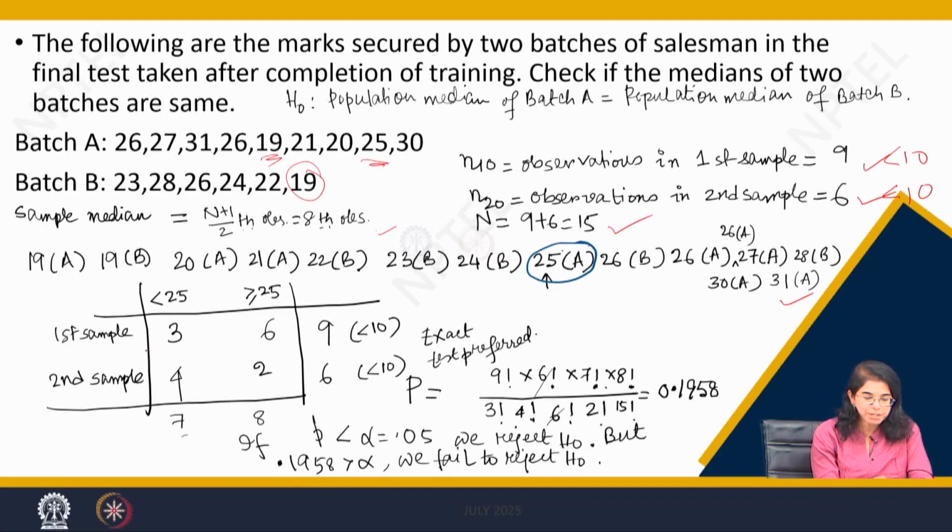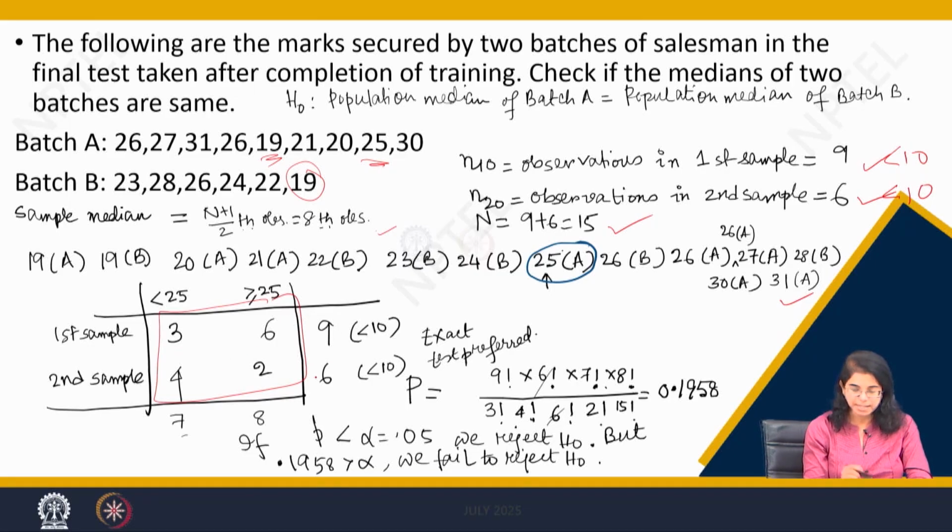25, how many observations from the first sample are less than 25 is very easy. Just count it out. How many observations are there? 21, 20 and 19. So 3. So the rest is 6. So this is the entire stuff, 3 and 6, 4 and 2. And similarly, you can figure out the marginals. Add 3 plus 6 is 9.